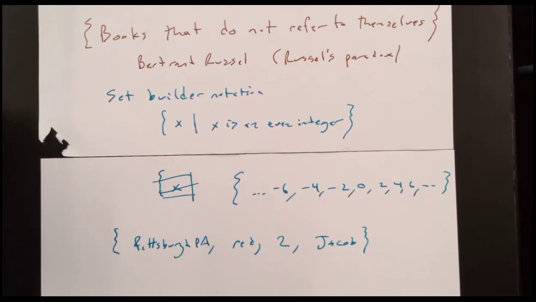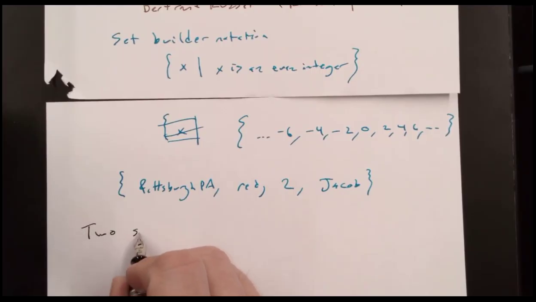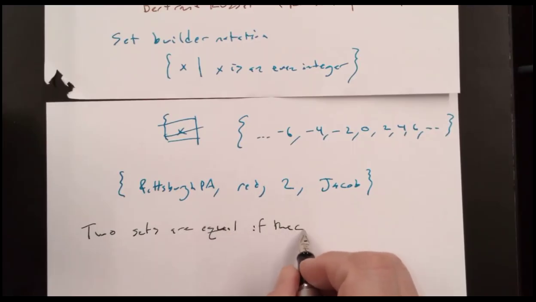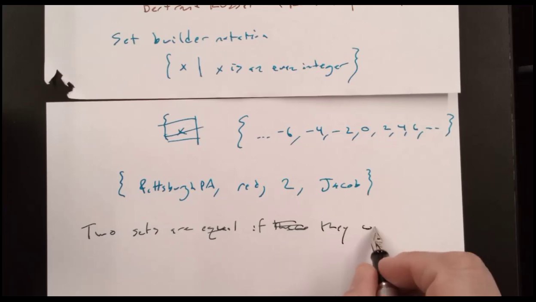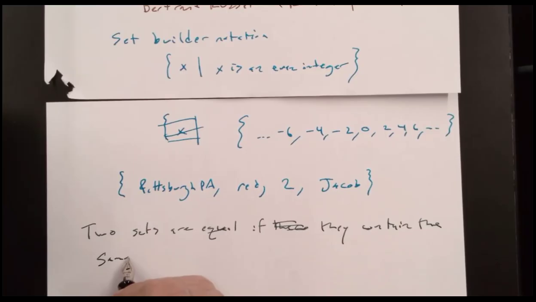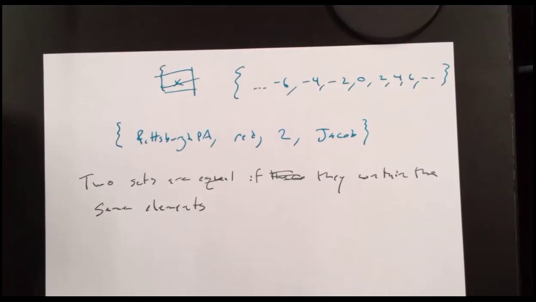A set is unordered. Two sets are equal if they contain the same elements.